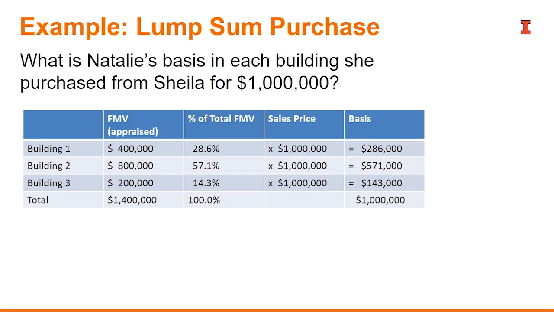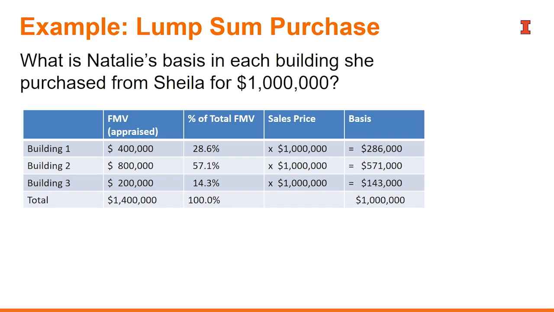So for building 1, we multiplied 28.6% by the $1 million to get a basis of $286,000. For building 2, we multiply 57.1% by the $1 million to get a basis of $571,000. And for building 3, we multiply 14.3% by the $1 million to get a basis of $143,000. You add them up, and you should get the total basis of $1 million, which equals the price paid.